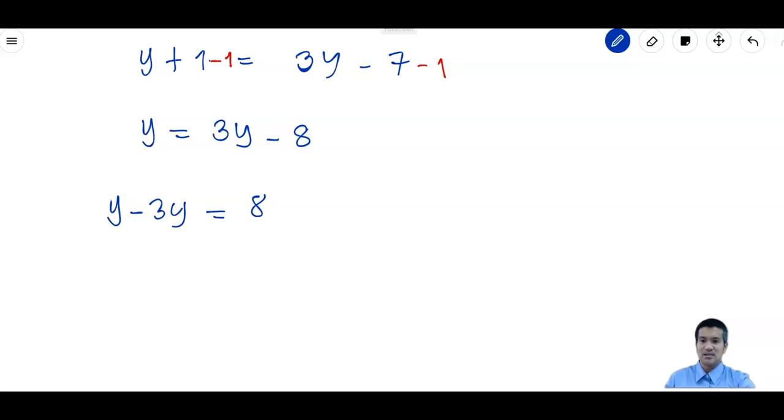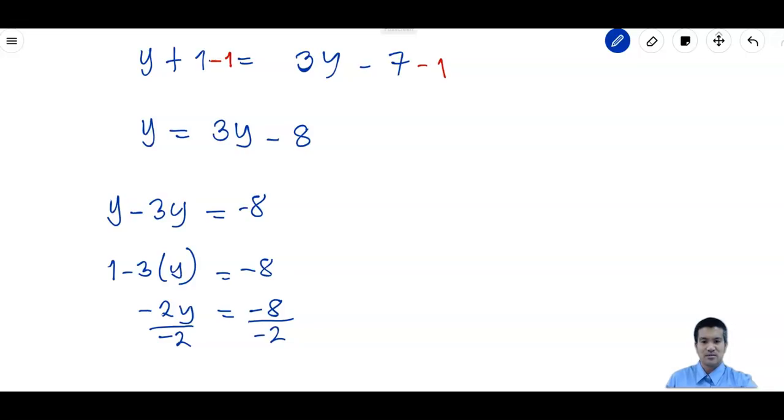So therefore here now 1 minus 3 times y equals to -8, right? So therefore the answer now is -2y equals to -8. Then after that, so that this one will become positive, we have to divide both sides now by -2. So therefore this one now will become y.